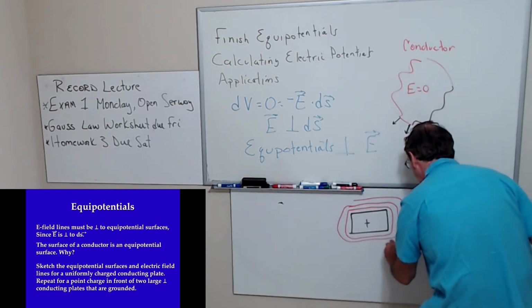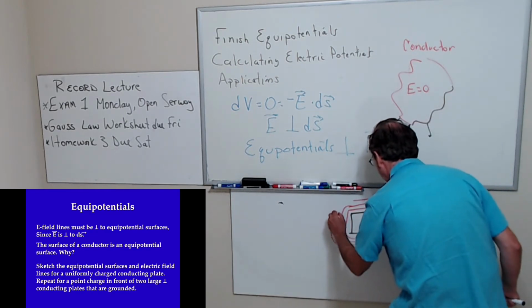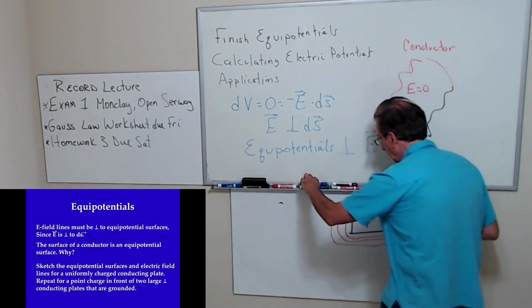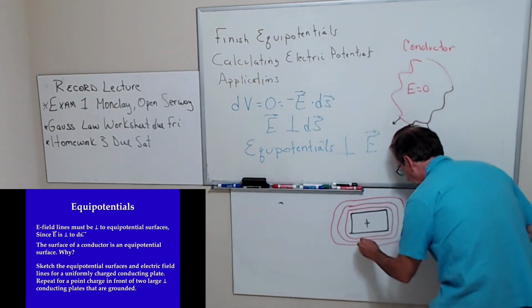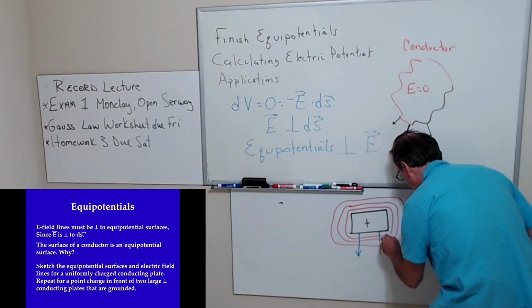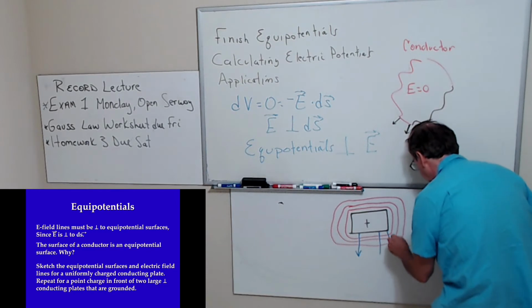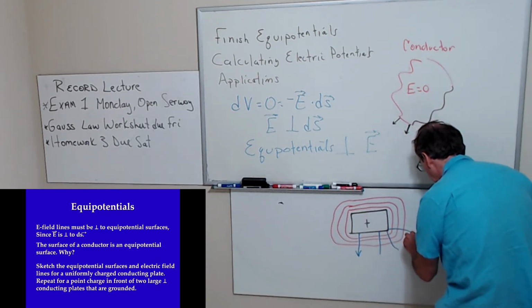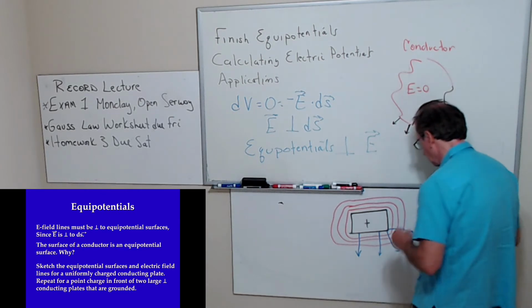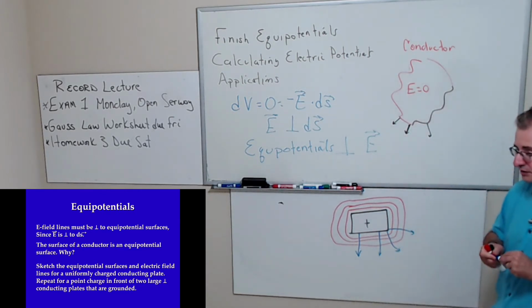They get rounder and rounder. And the electric field lines are perpendicular to these. We just have to draw the field line so it's perpendicular to the equipotential. That's it.